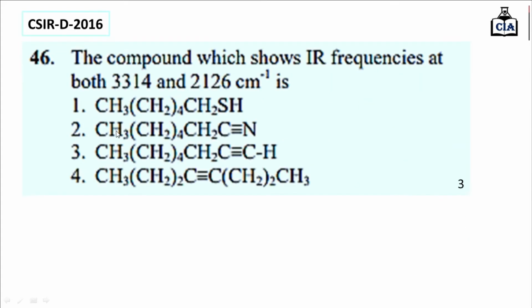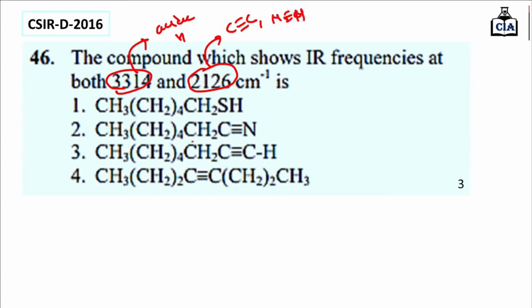Now next question from CSIR December 2016. In this question we have to find the correct structure which shows an IR absorption at 3314 centimeter inverse and a second IR absorption at 2126 centimeter inverse. The first absorption shows that the compound contains one acidic proton, and the second IR absorption shows that the compound contains either a carbon-carbon triple bond or a nitrogen-nitrogen triple bond.